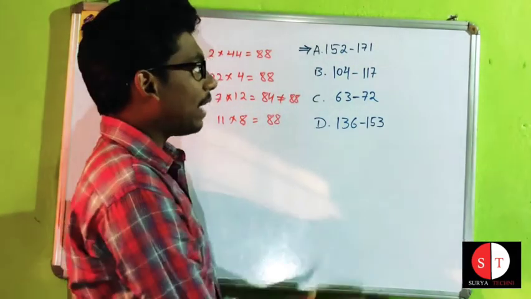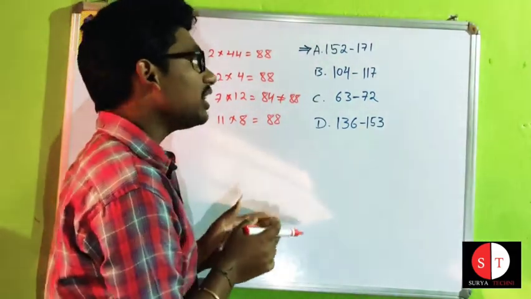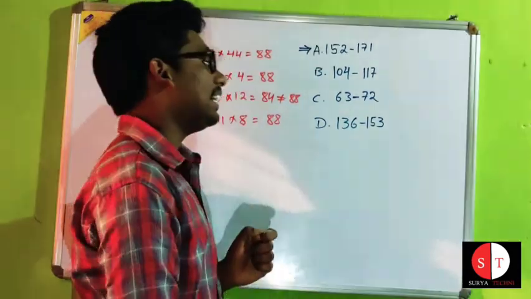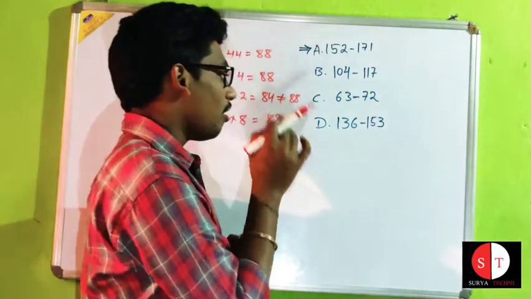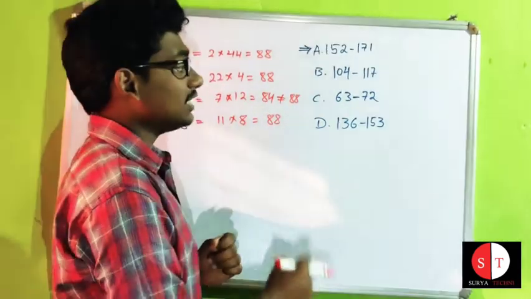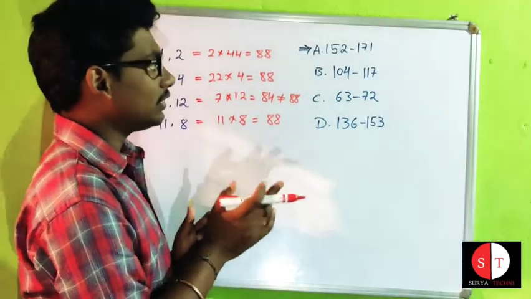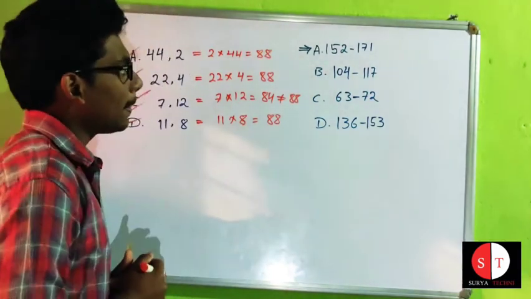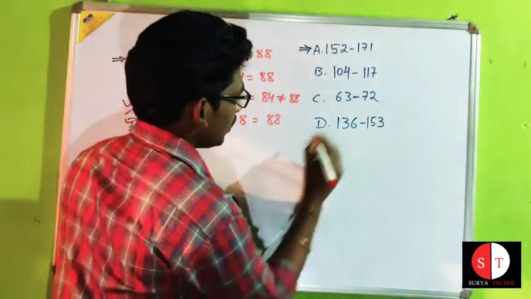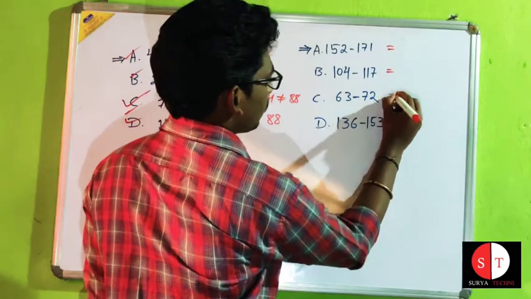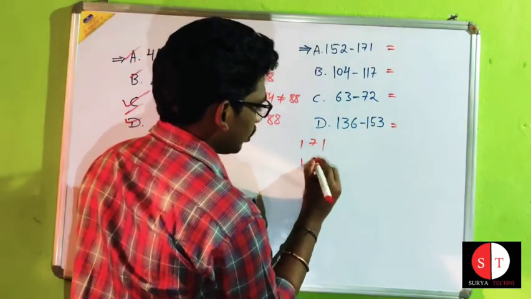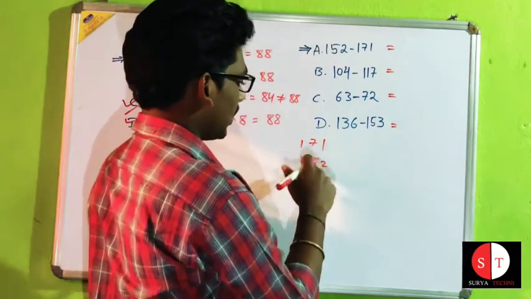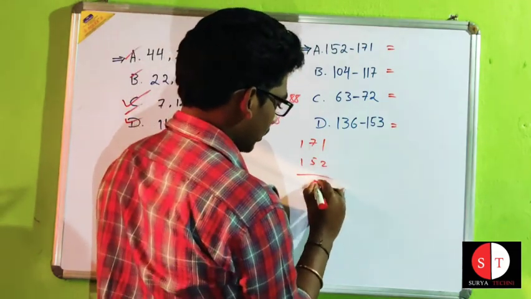Option A is 152 minus 171, option B is 104 minus 117, option C is 63 minus 72, option D is 136 minus 153. Okay, these are minus values. 171 minus 152 is 19.